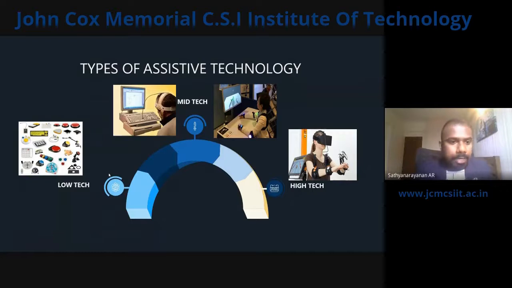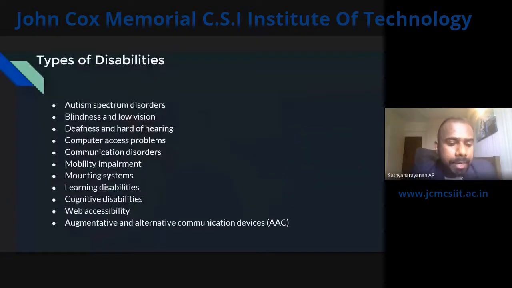Okay, now let's look at the types of disability. Who is going to use ST technology? Basically, an inclusive society, and basically those who have a disability, right? Here I'm putting across a set of types of disability.